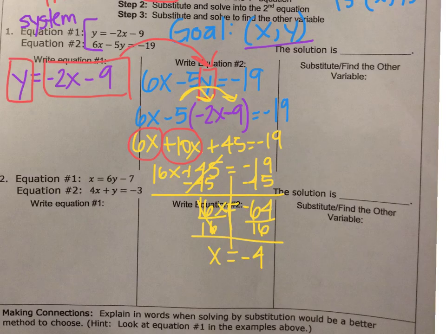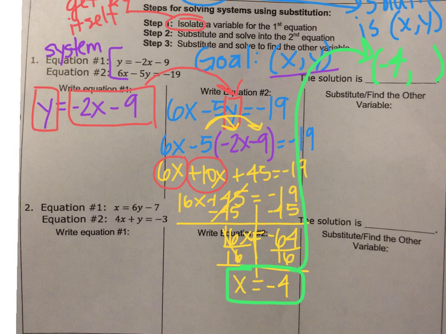So now we know the x value of the point of our solution. Remember, the solution of your system is always going to be an x and a y value that create a point. So let's plug in our x, negative 4. Now we need to find the y value. What can we use to find y? Well, you already have an equation where y is by itself.